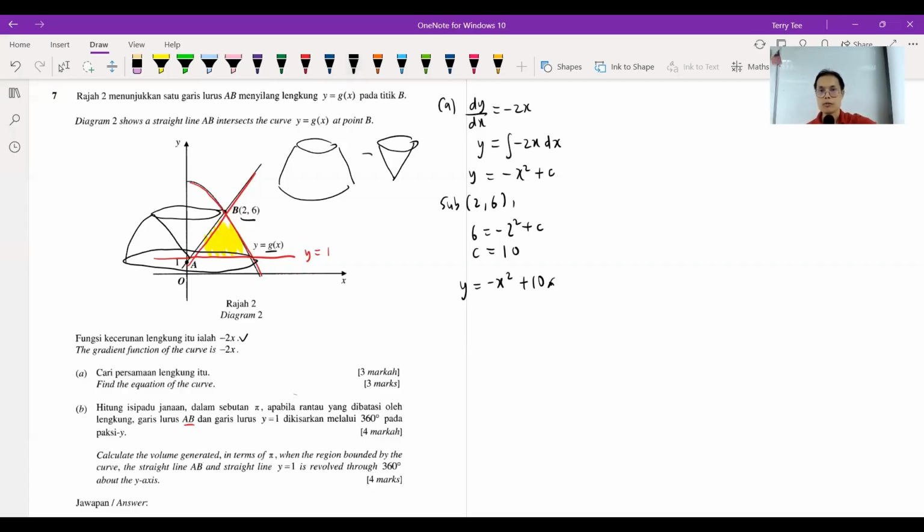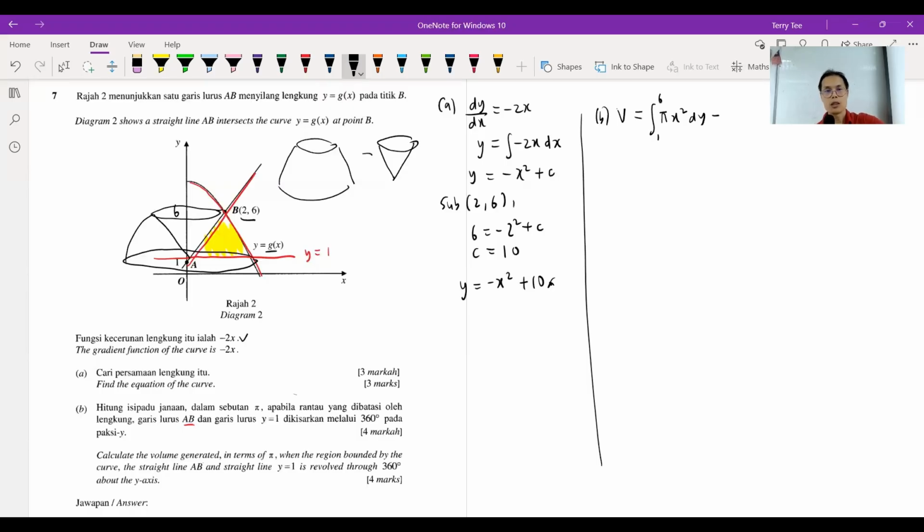Okay, volume of integration, we have to use pi. Volume or isi padu is your integration pi x squared dy. You can see a lower limit is from 1, upper limit is 6. 1 to 6, minus volume of cone.